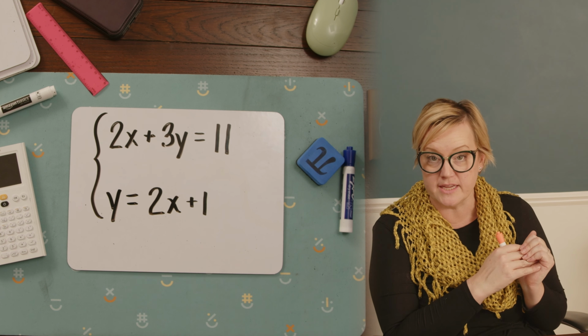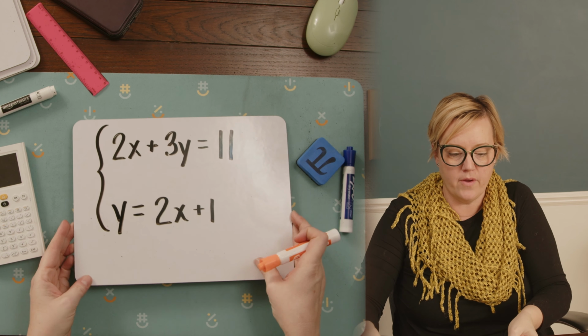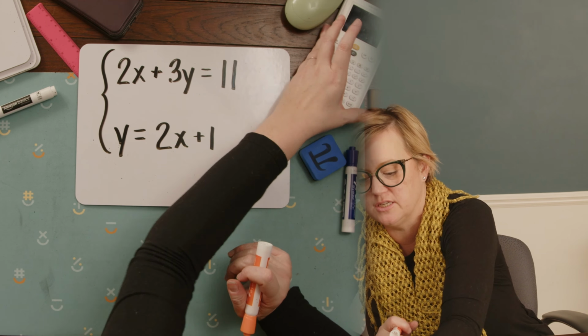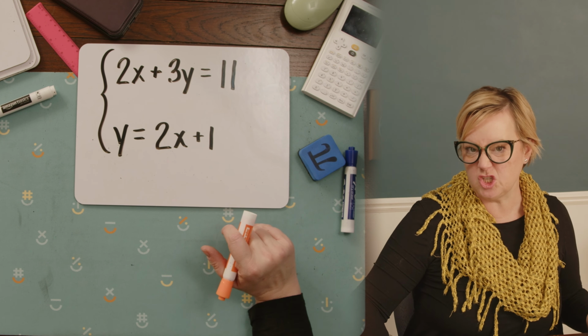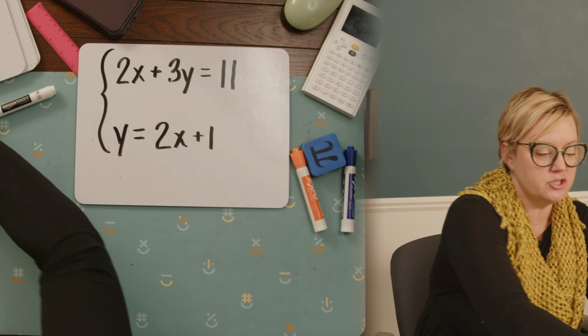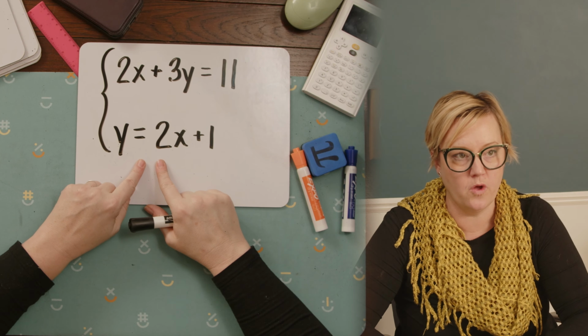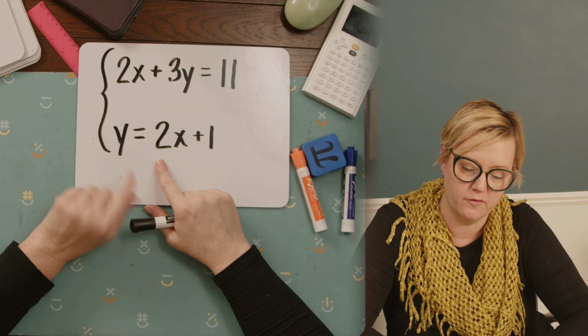So there's a few different ways to solve this. I am going to first show you how to solve this system of equations by substitution, because this one is already solved for y.